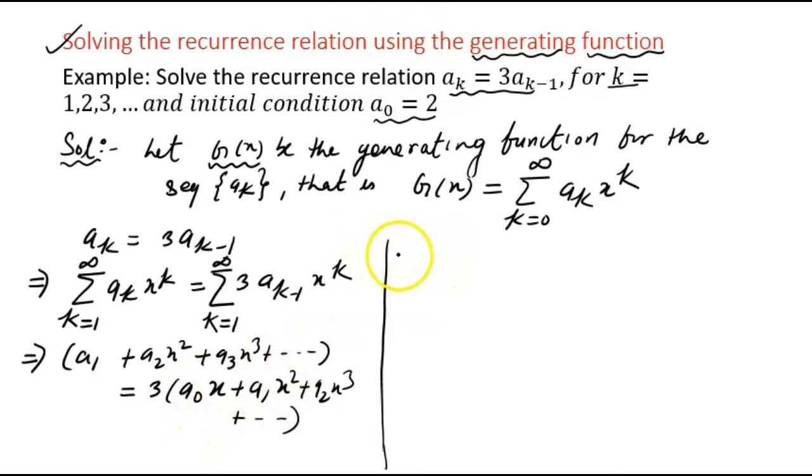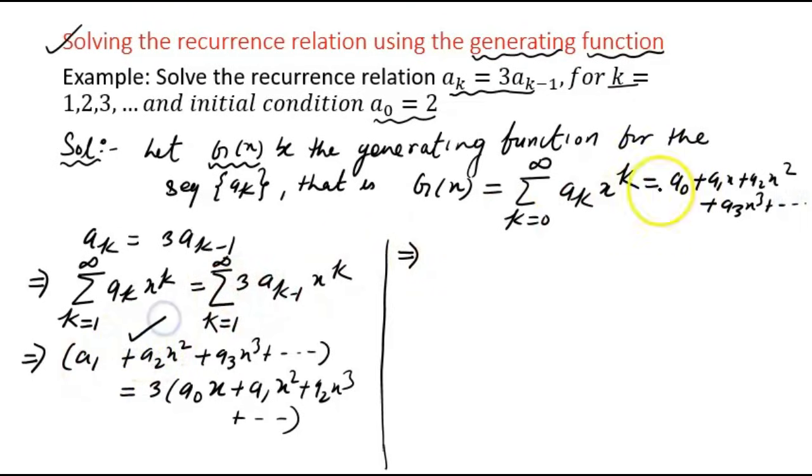Now if you look at this expansion, and if you look at the generating function, what is the generating function? This is basically a0 plus a1 x plus a2 x squared plus a3 x cubed, and so on up to infinity. So you compare this expansion and the generating function term here. What is the term that is missing?